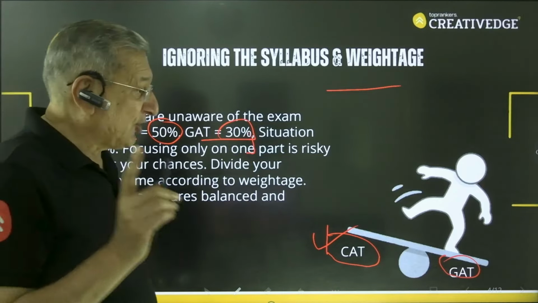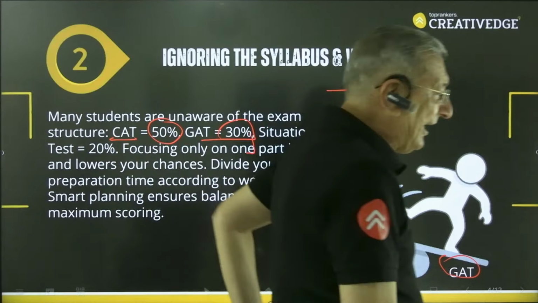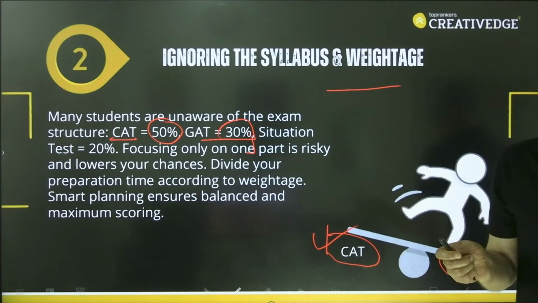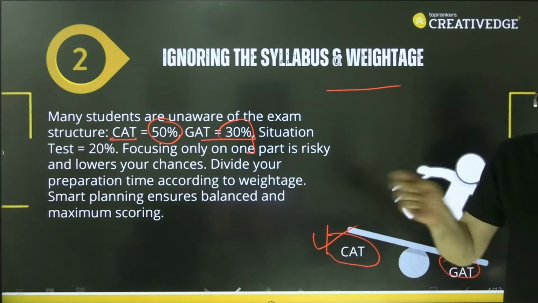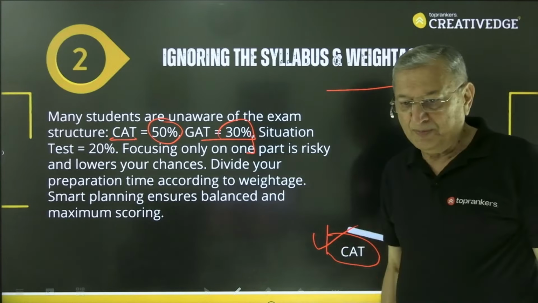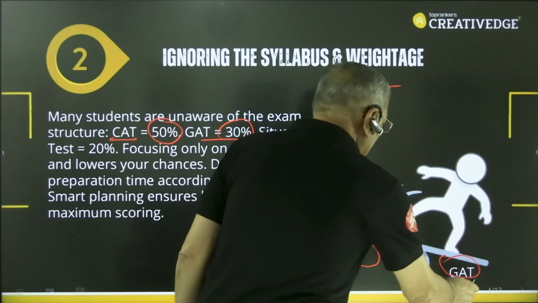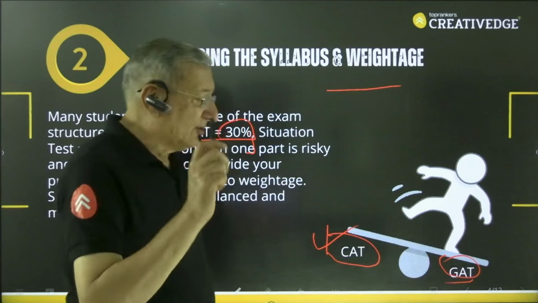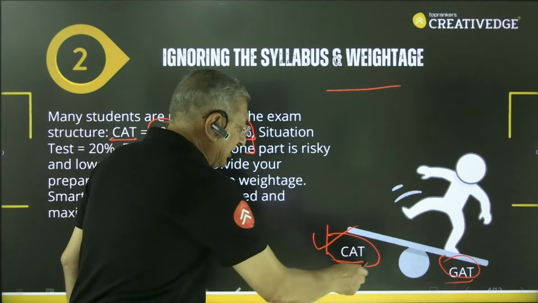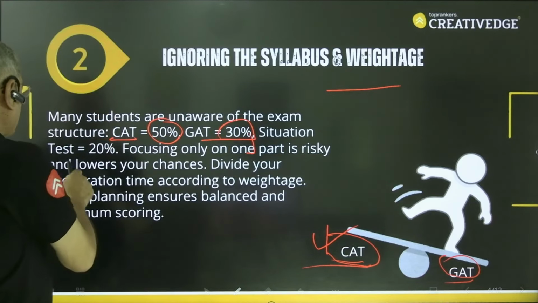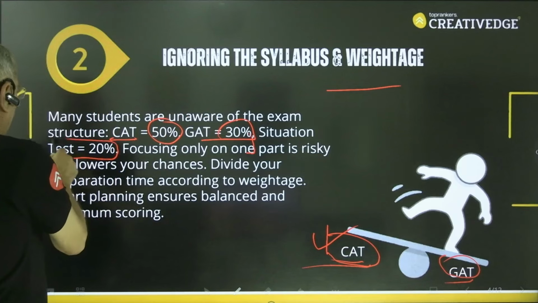Now, this does not mean that if you are poor at GAT and good at sketching, you give equal time to both. No. If you are not good at GAT, I think you should devote more time to preparing that only in case you are good at CAT. Otherwise, you should give more time to CAT. Situation test will be done afterwards.